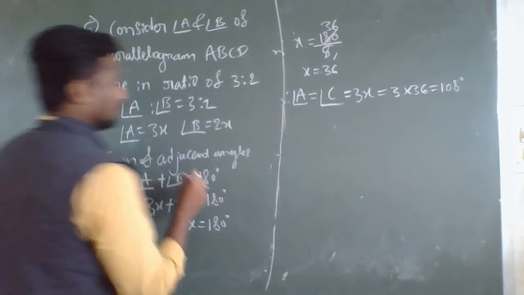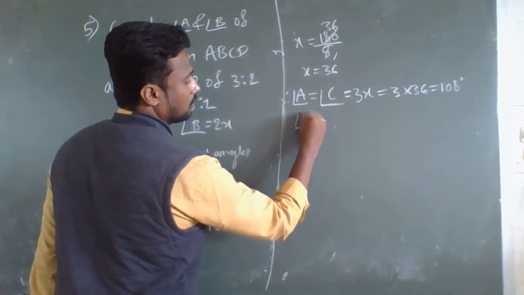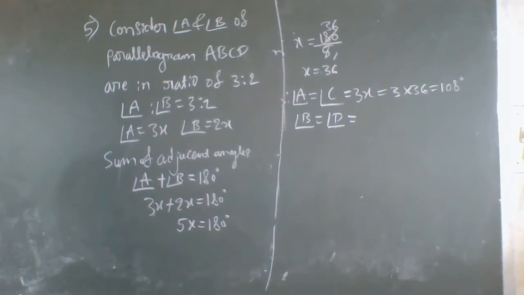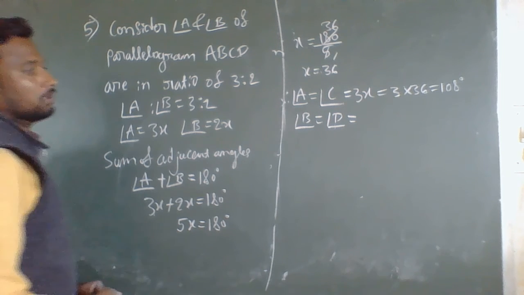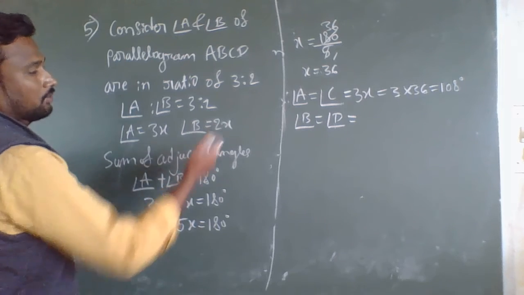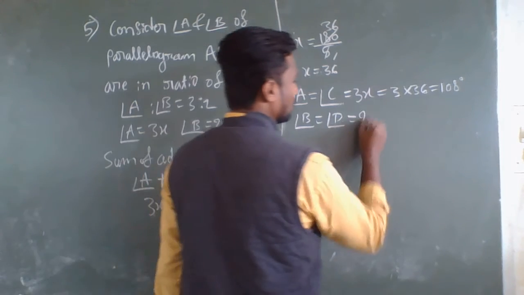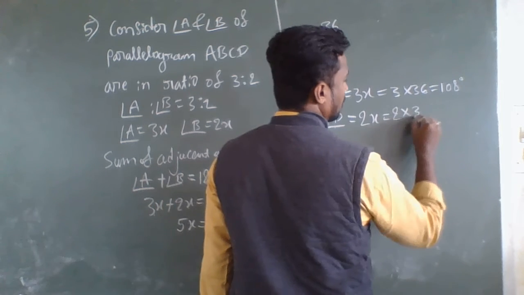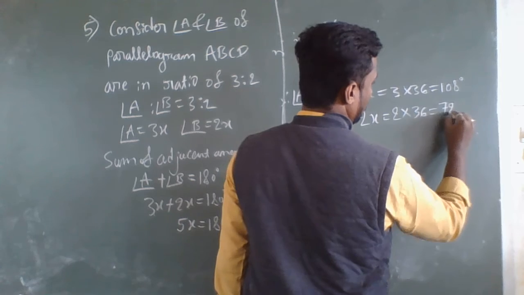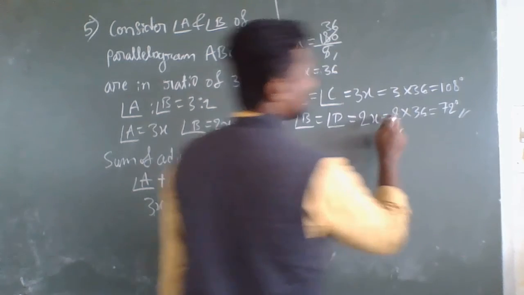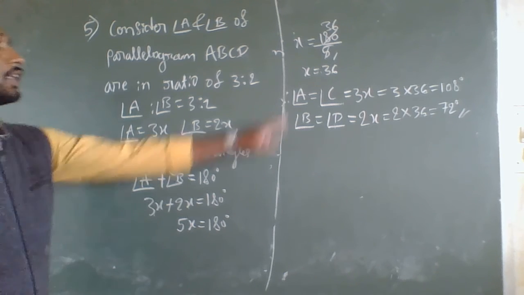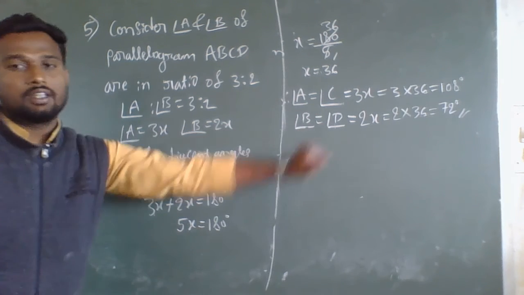Angle B value is 2x, which is 2 into 36, 72 degrees. So here we got the values of angles A, C and B, D.